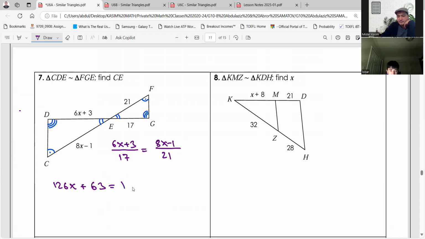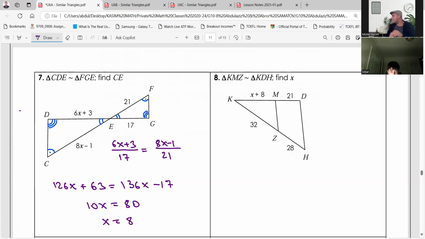Well, what is 8 times 17? 8 times 10, 80, right? 8 times 7, 56. So that is 136x, minus 17. And move to the right-hand side, the difference is 10x. Move 63 to the left-hand side, that is 80, right? So x is equal to 8.